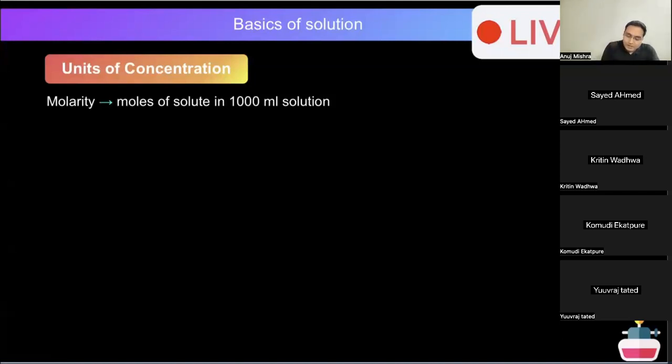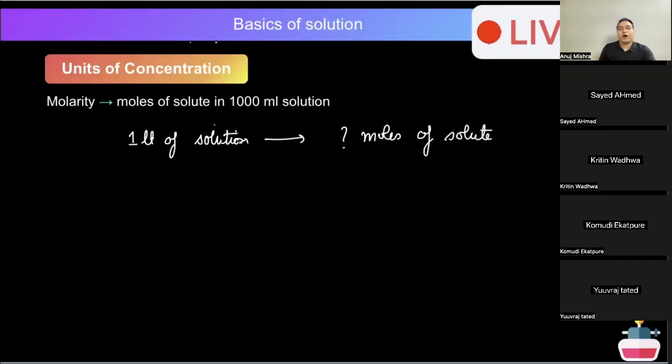Molarity is defined as: in 1 liter of solution, how many moles of solute do we have? 1 liter of solution is 1000 ml of solution. So how many moles of solute do we have in 1000 ml of solution? It's called molarity. Correct. Read the question carefully.